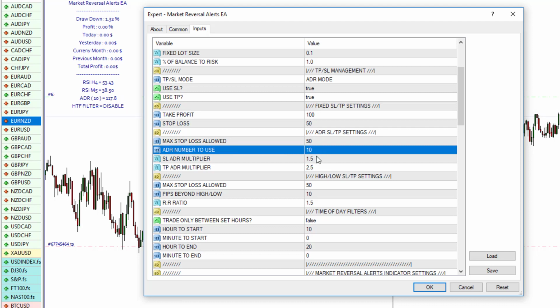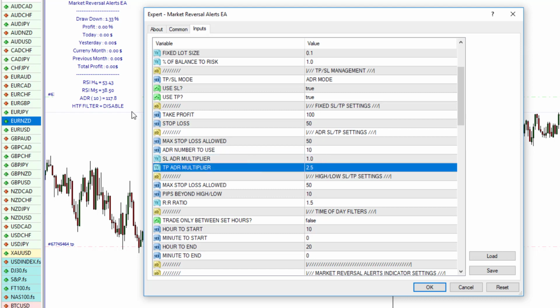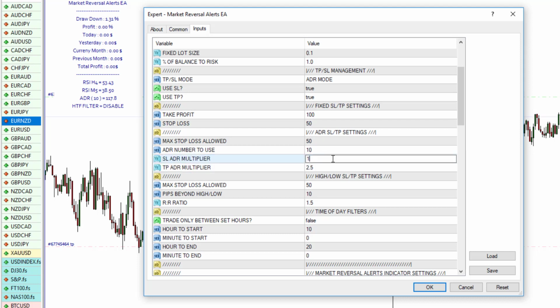And basically what the EA will do is set your stop loss at a multiplier of this number. So if we set this to 1, the EA will set your stop loss at 117 pips. If we set this to 2, it will be 2 times 117 pips.